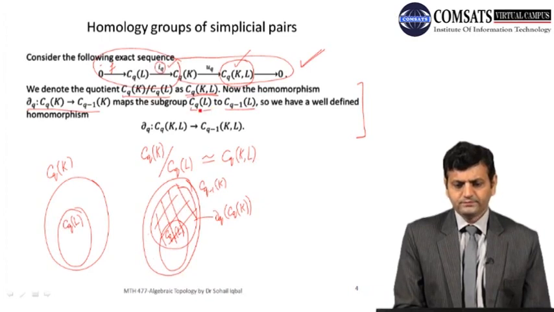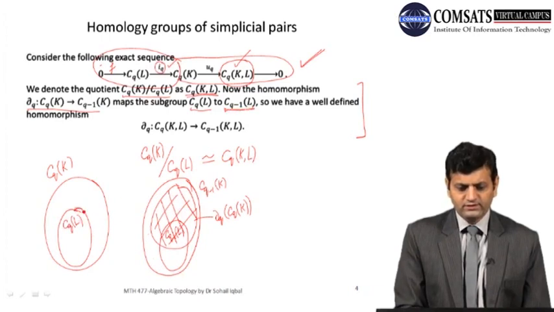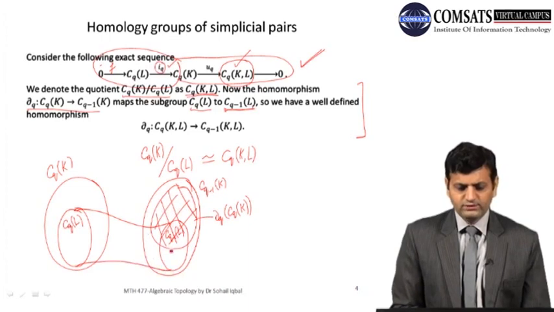And we know that if I have a Q simplex inside L, then when I take the boundary, I'll be considering Q minus 1 faces, and all the faces must be contained in this CQ minus 1 L. In other words, when I take the image of elements of CQL, I must get an element of CQ minus 1 L. So this blue portion is the image of CQL under this boundary map.